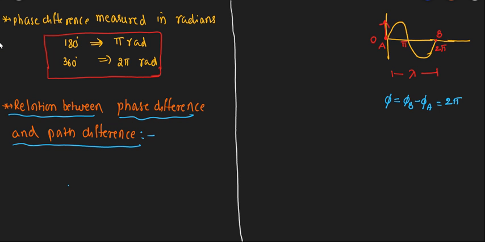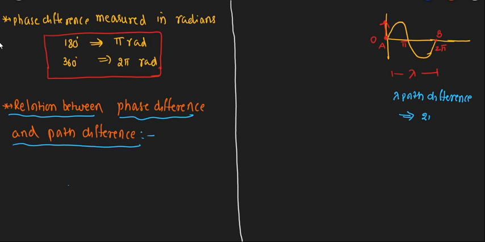What is the path difference? Path difference is the difference in distance. From the figure, this point is at zero distance, this point is at lambda distance. Write the path difference as lambda. And now here we write: lambda path difference is equivalent to 2 pi phase difference.